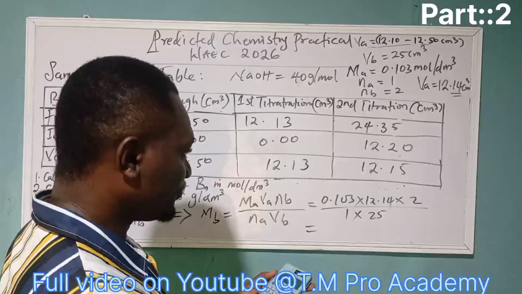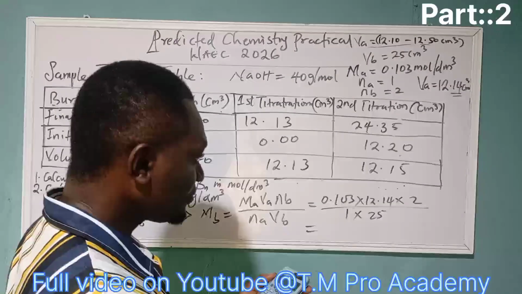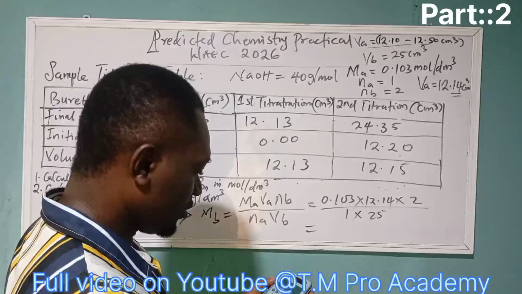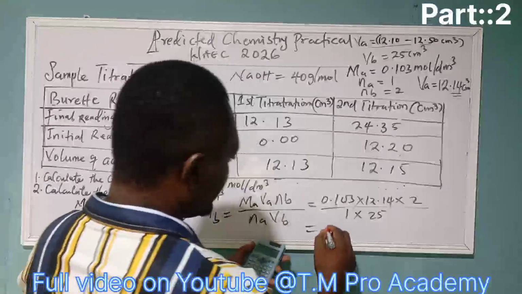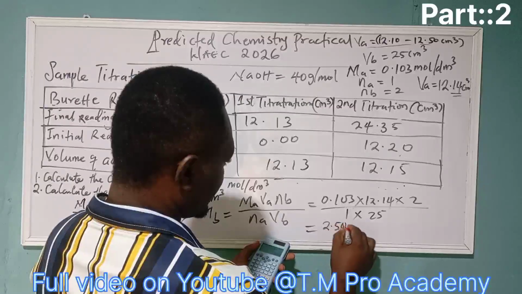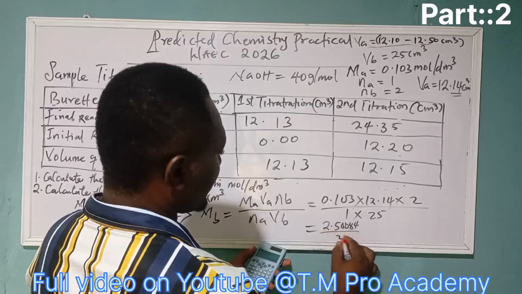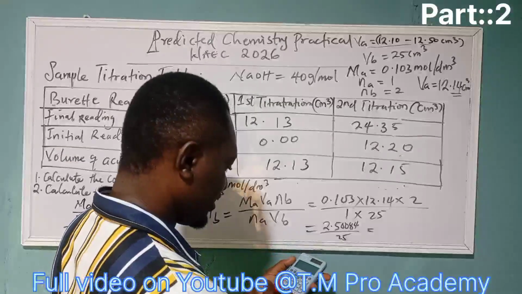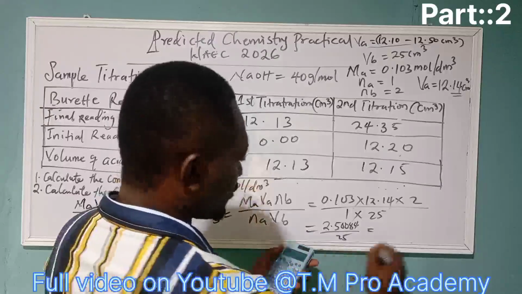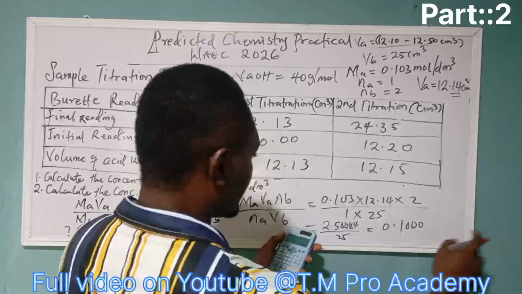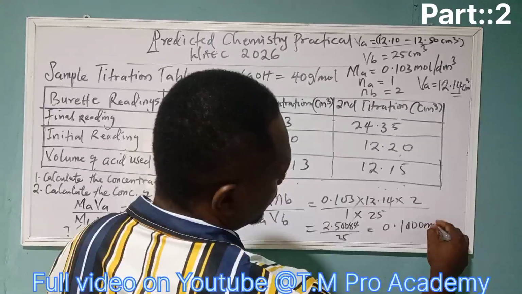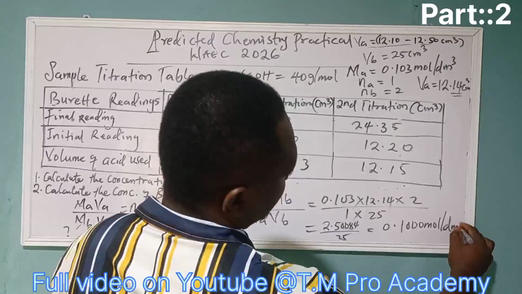So 0.103 times 12.14 times 2, that will give you this value, 2.50084, divided by 25. So let's divide it by 25. So we have 0.1000. The zeros are so many, so we have mole per dm³.